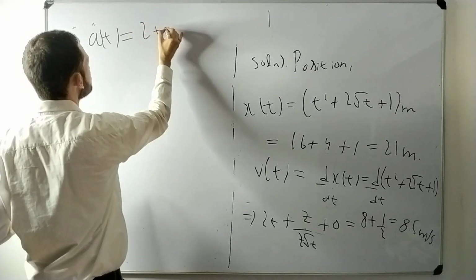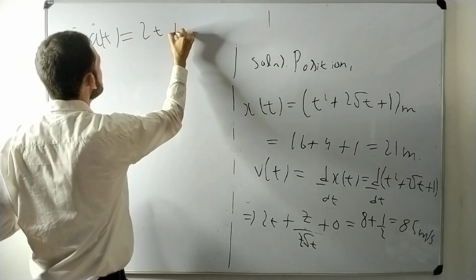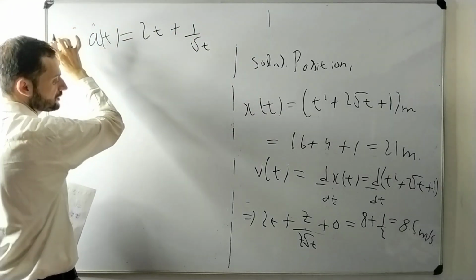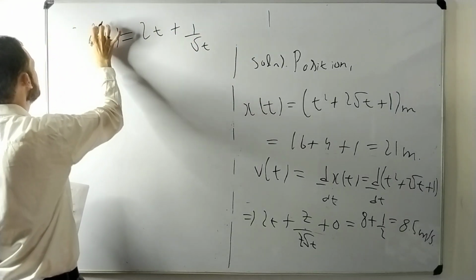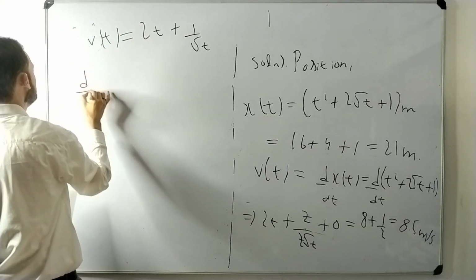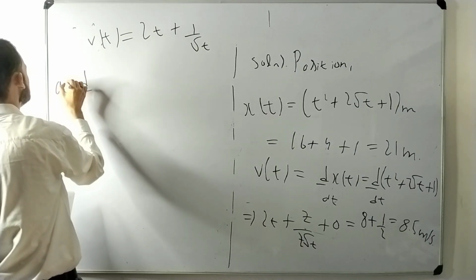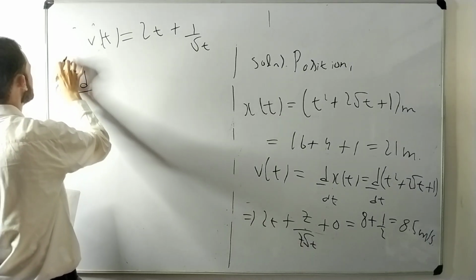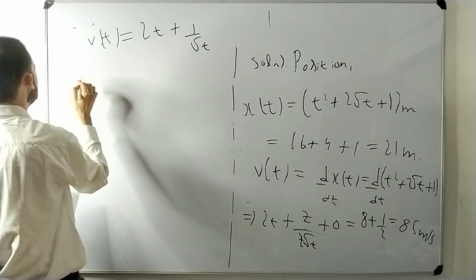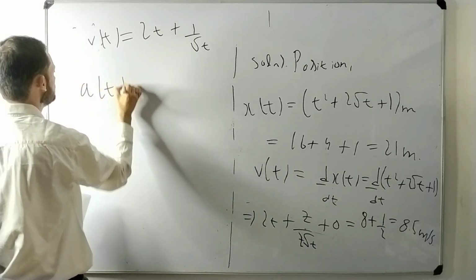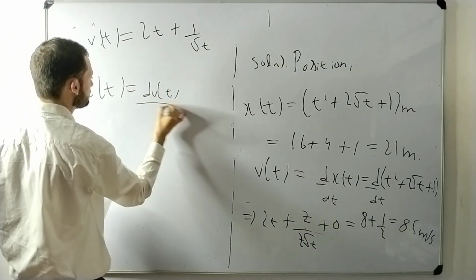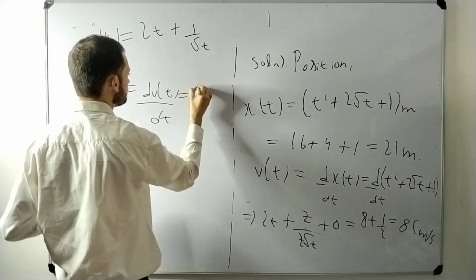It was 2t plus 1 by under root t. This was velocity that we found out. So acceleration is what, students? Definitely, acceleration is dv upon dt. Right, students?